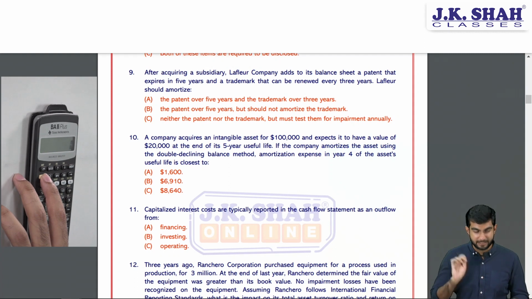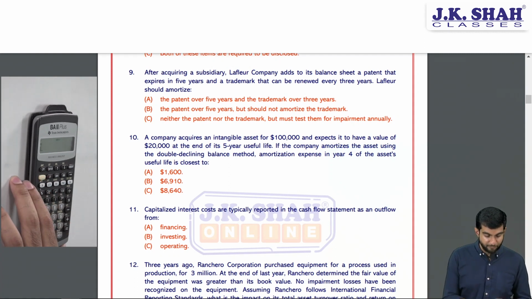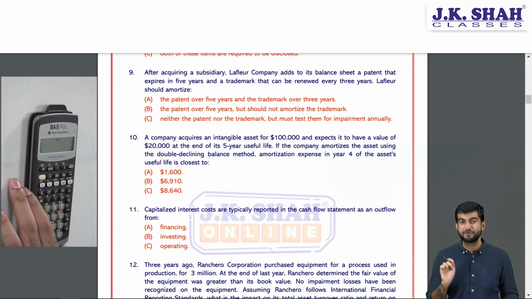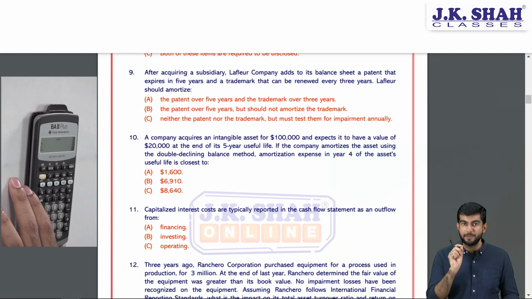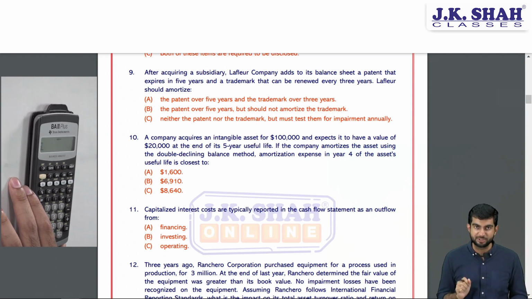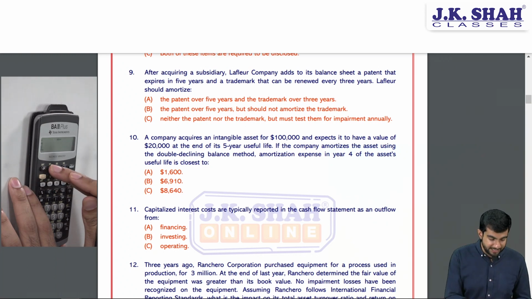Press the second key, press 4 number, that is for the depreciation function. Now I want to solve using the double declining balance method. If you press second and 4 SL, straight line method must be appearing on your calculator, but this question pertains to the double declining balance method. So I'll have to press second and enter.